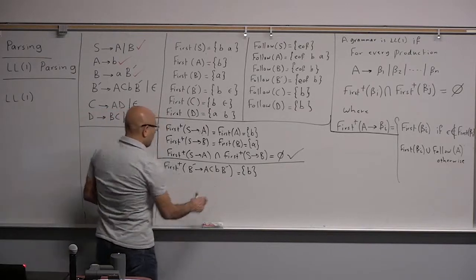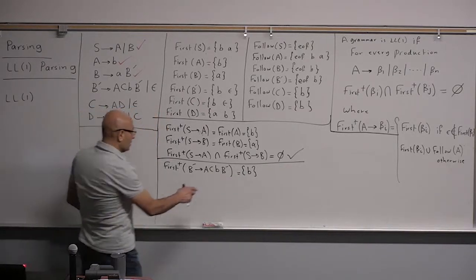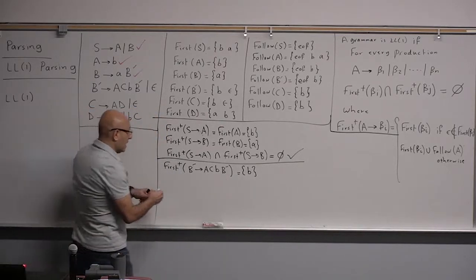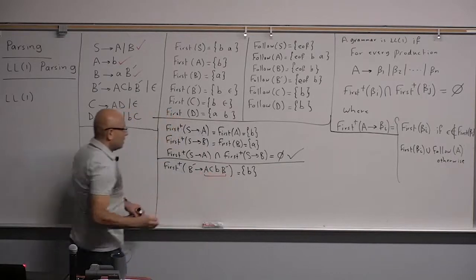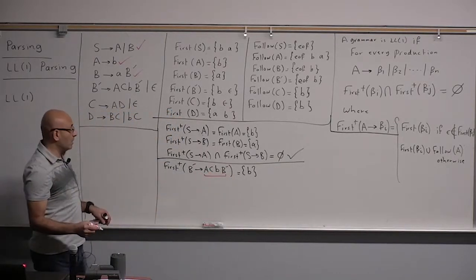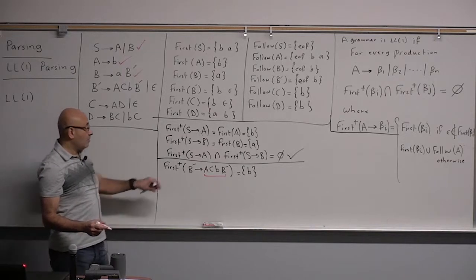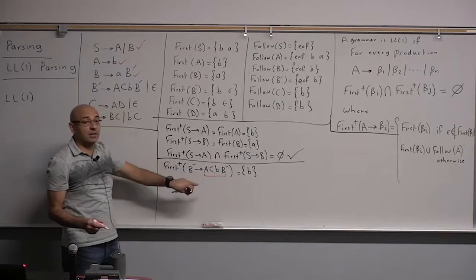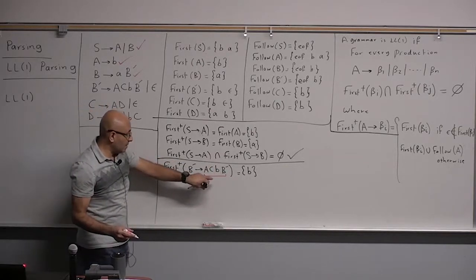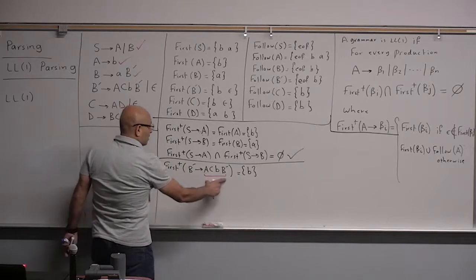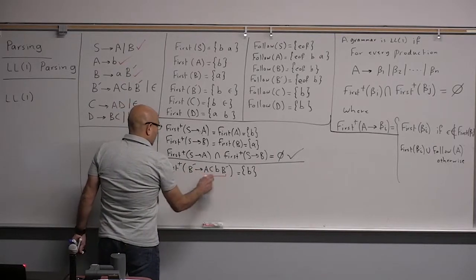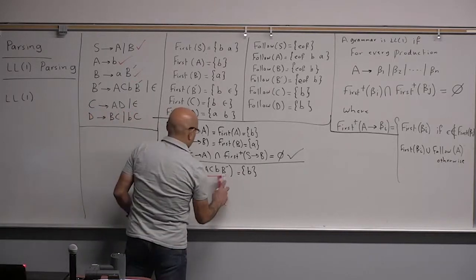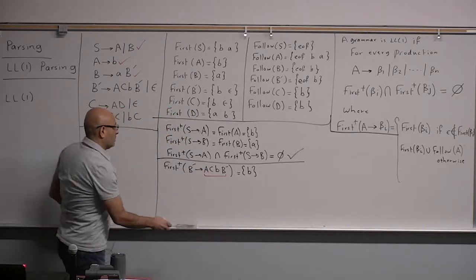And if the first sets of all four of these had epsilons in them, then we should look into follow of B prime. But this is not the case here. We only look at B because this does not have an epsilon. So we stop here.